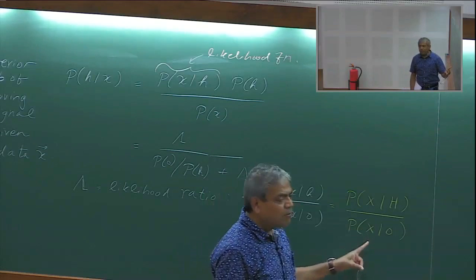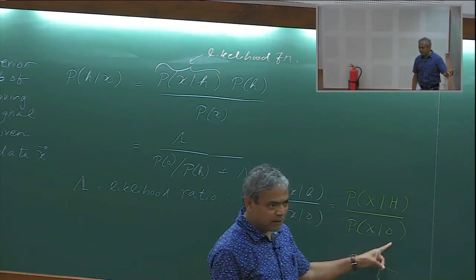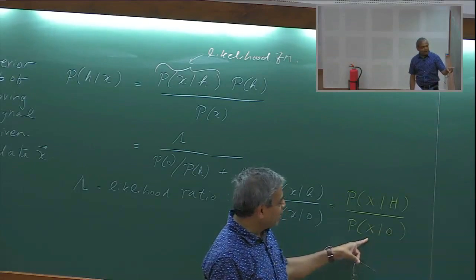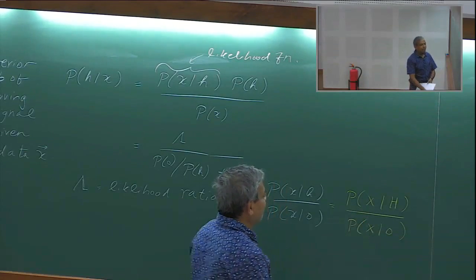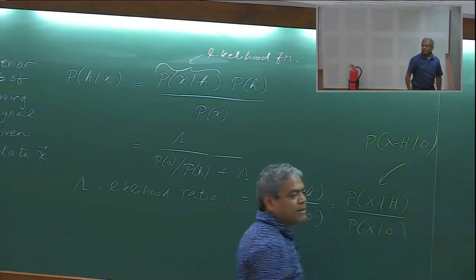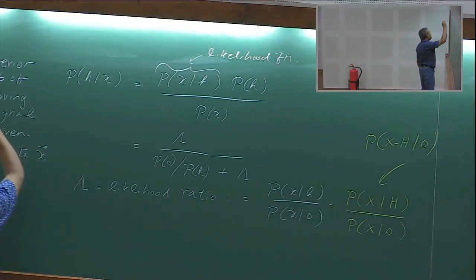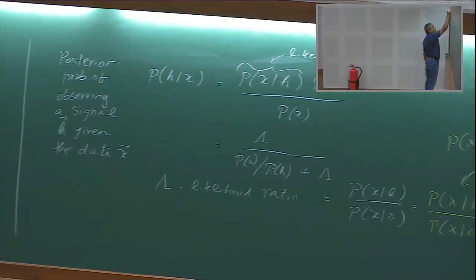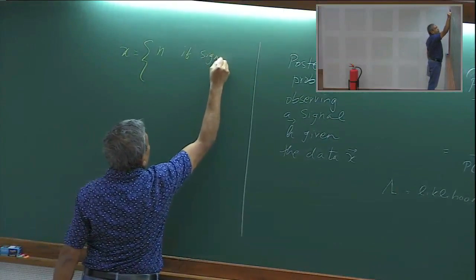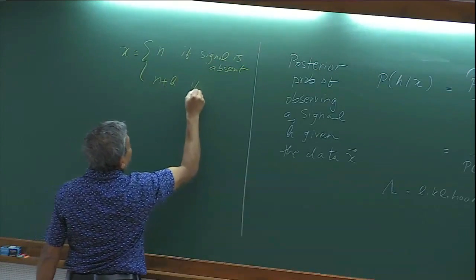Next, it turns out that it is sufficient for us to just compute the probability of x given 0, or in the absence of signal, because I can work out the other probability by saying this is nothing but P of x minus h given 0, as you can see. Because of our fundamental assumption, remember, we assume the data can be either just noise if signal is absent, or n plus h if signal is present.